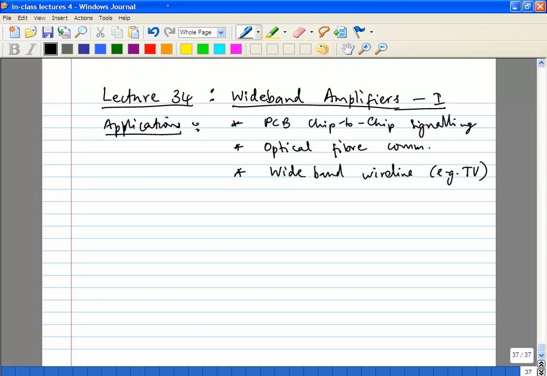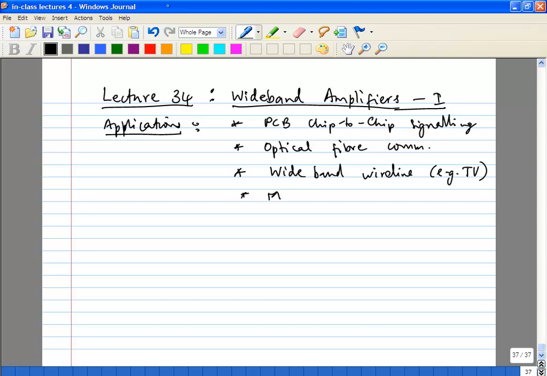For example, you might have some TV circuits. The TV bandwidth is quite large. It goes from several tens of megahertz to several hundreds of megahertz. So that could be another application.